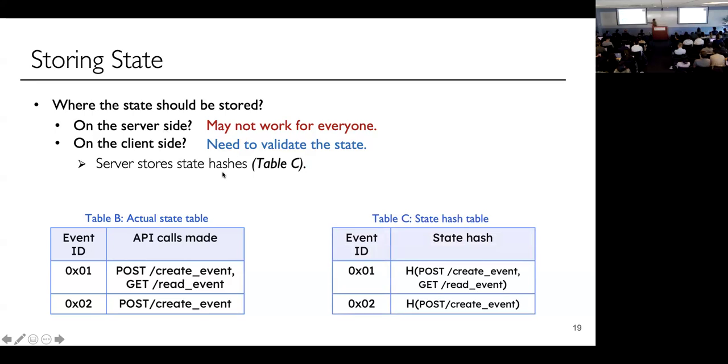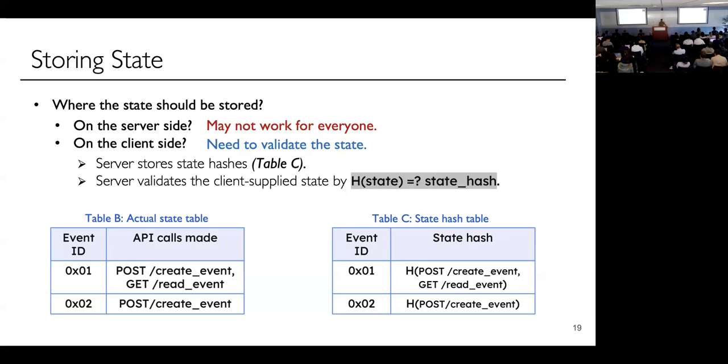But in our client side design, the actual state table is being stored on the client, on Zoom. The server is just storing hashes of the state. Technically they're HMACs, but we can just think of them as hashes here. Whenever a call comes in, you can check this hash to make sure that the data was not changed. So a very, very simple idea.